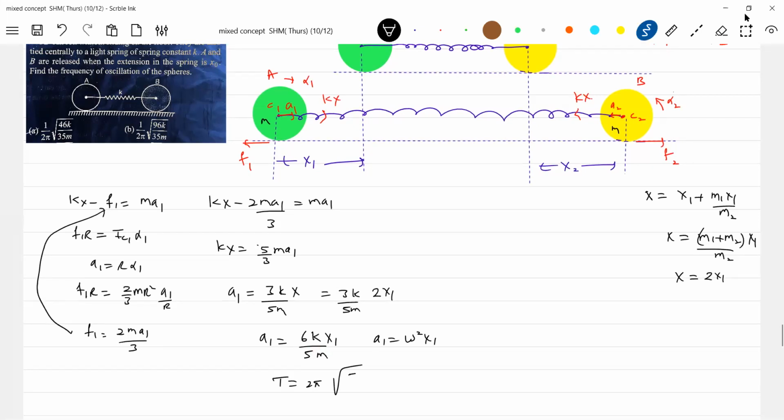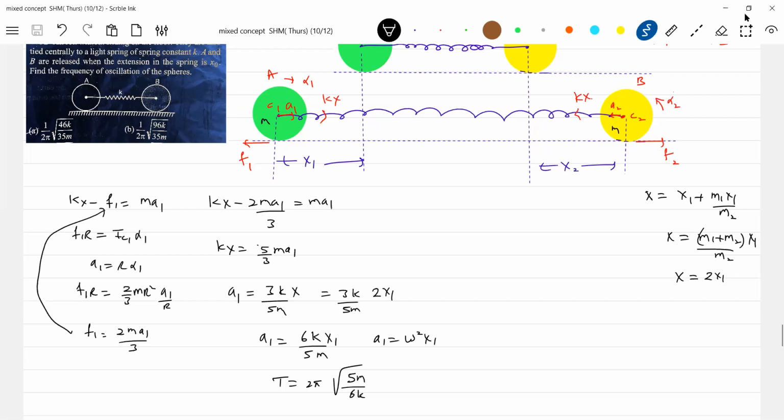So 2 pi. Moment of inertia 2 by 3 only, no? It is? Yeah.